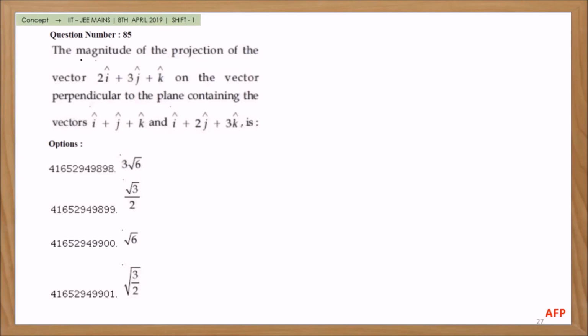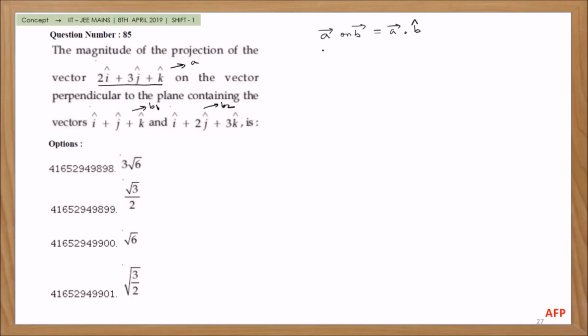Next problem, the magnitude of the projection of this vector on the vector perpendicular to the plane containing these two vectors. Very simple. The projection of vector A on vector B is equal to vector A dot product B cap. So here, take this as A vector, this as B1 vector, and this as B2 vector.